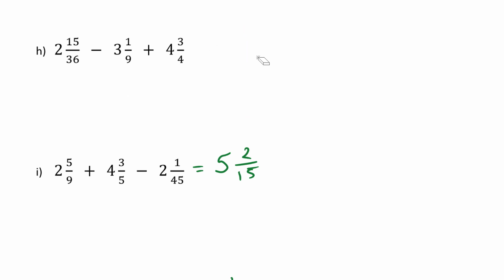So here we are adding and subtracting mixed numbers. When we do that, we must follow the rule with subtraction. We must convert them all to improper fractions first.